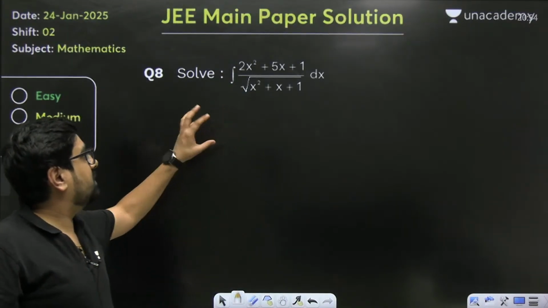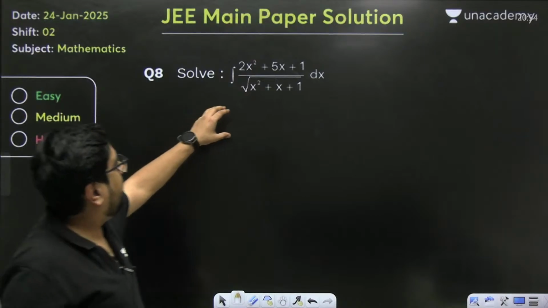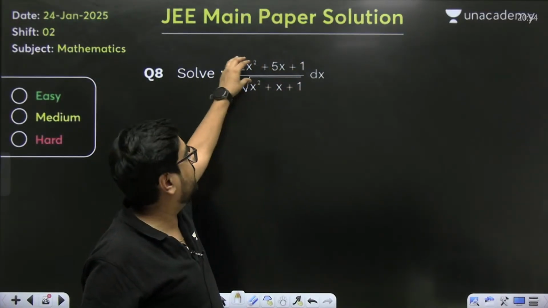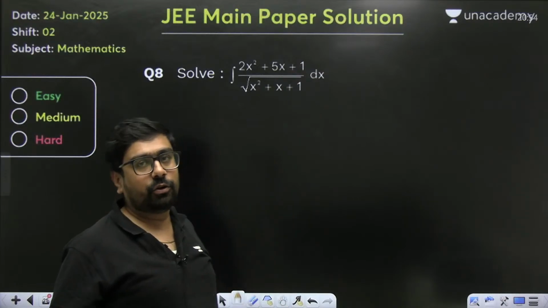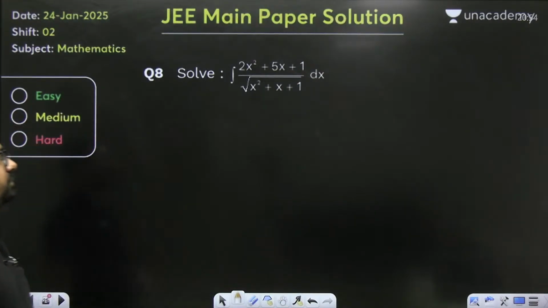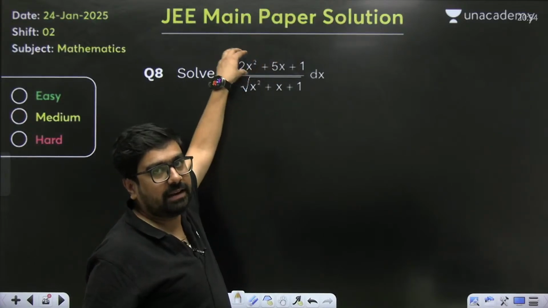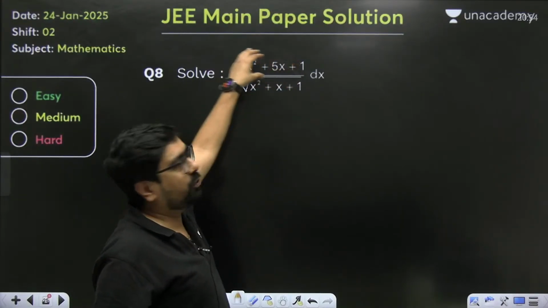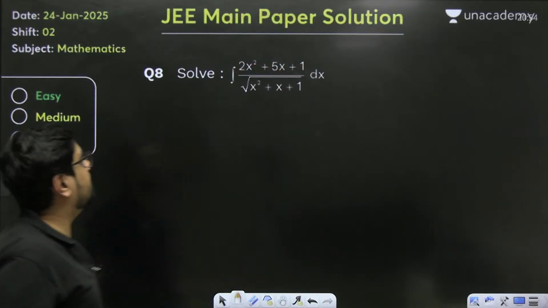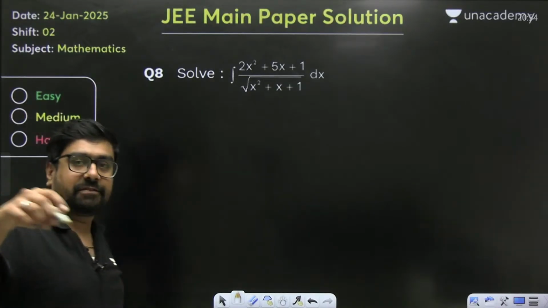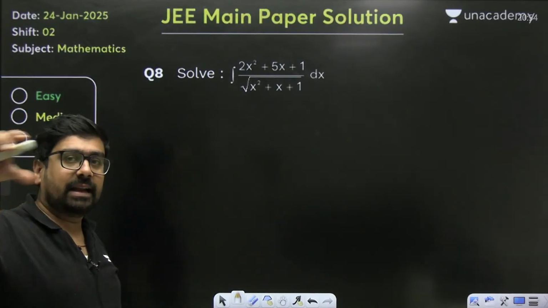So here generally what is taught is that you try to create the derivative of this quadratic in the numerator, and that way you will be able to solve this, right? So you try to create the same quadratic plus the derivative of this quadratic in the numerator, and that's how you can easily solve it. There are multiple methods.